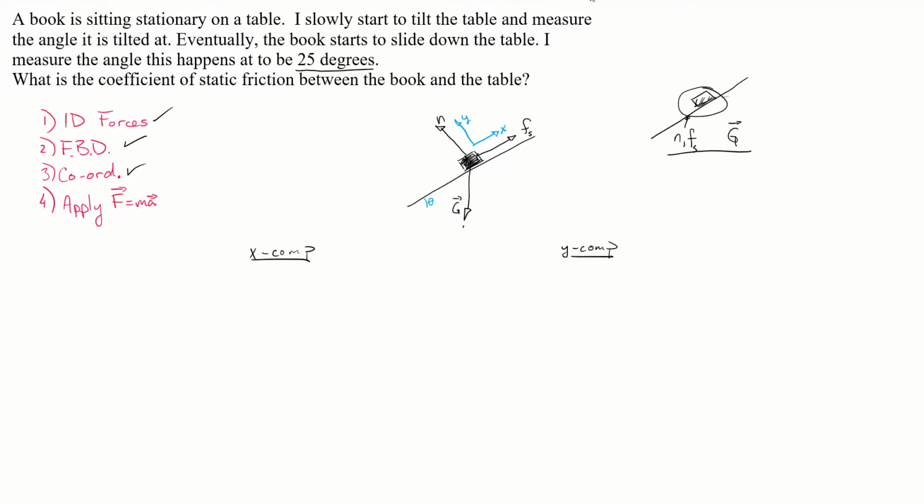We're going to have forces in the x direction and in the y direction. So our net force in the x direction is going to be equal to the mass times the acceleration in the x direction. And likewise, for our y component, the net force in the y direction is going to be equal to mass times acceleration in the y direction.